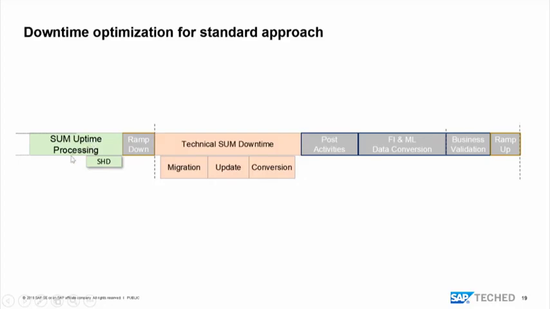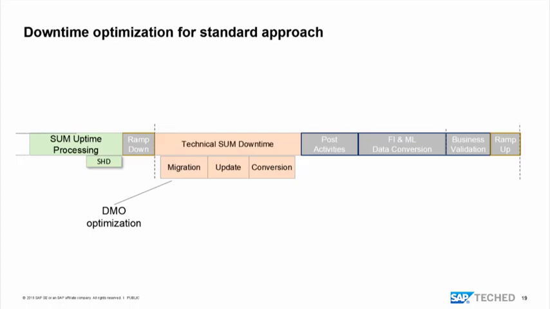So in uptime, for example, the shadow repository is created. The tool knows where. I do not have to take care. Then in downtime, we have the three aspects of the Software Update Manager: migration, if it is required, the update and the conversion part, and later the financial data migration happens in the IMG activities.